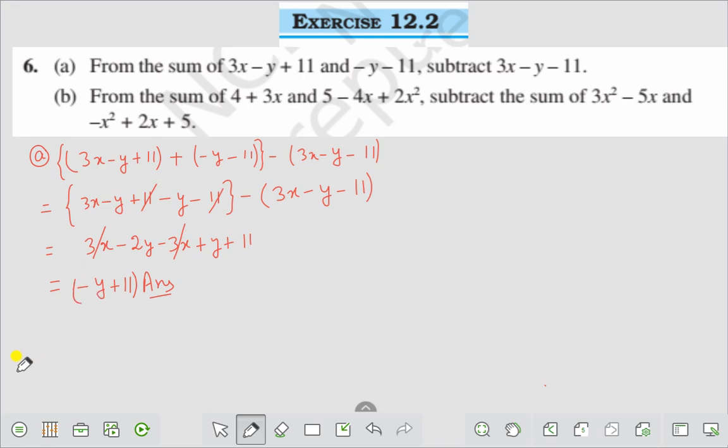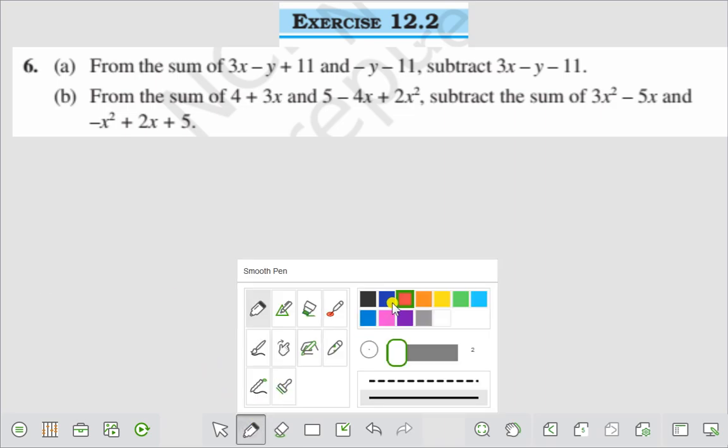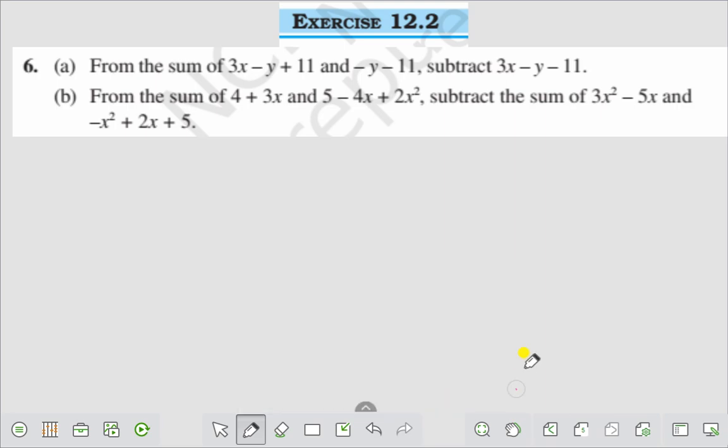Now we solve question number B. Question number B, here you see, is from the sum of 4 plus 3x and 5 minus 4x plus 2x square subtract the sum of 3x square minus 5x and minus x square plus 2x plus 5, right?